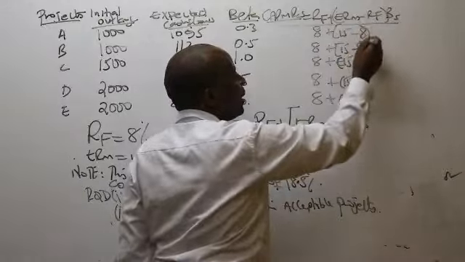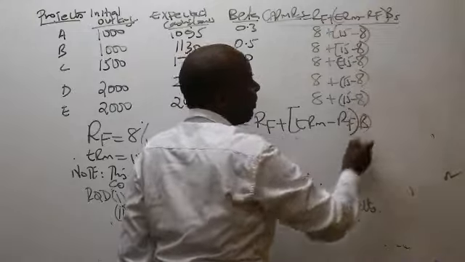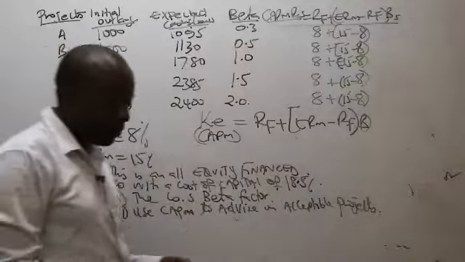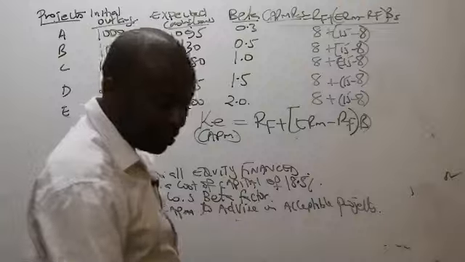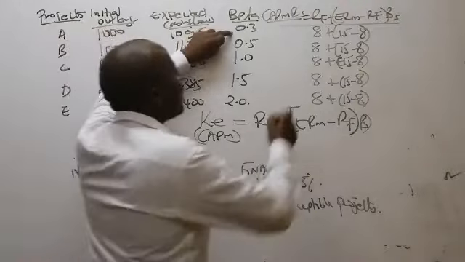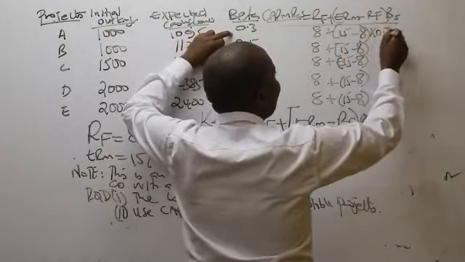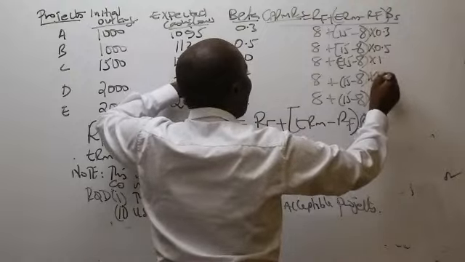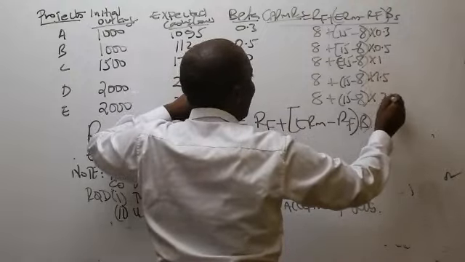Then outside here I'll put the beta factors. Fortunately, they have given us the beta factors. The beta factors here are 0.3, 0.5, 1, 1.5, 2 like that.